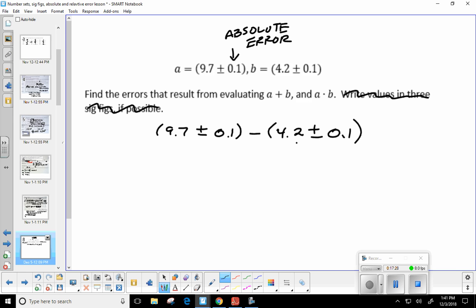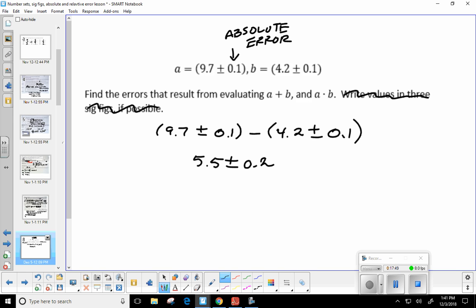Then what is 9.7 minus 4.2? So 5.5 plus or minus, I guess that's going to be 0? There you go. When you add or subtract these propagation error values, you always, always add the absolute errors. So this would again be plus or minus 0.2.